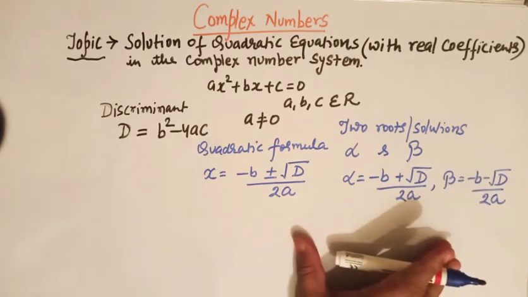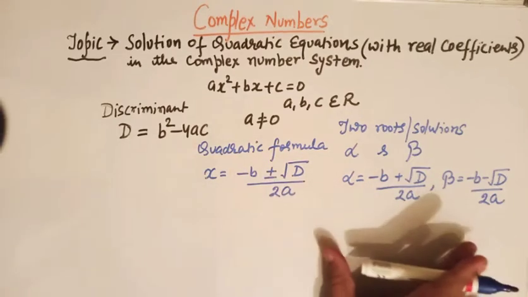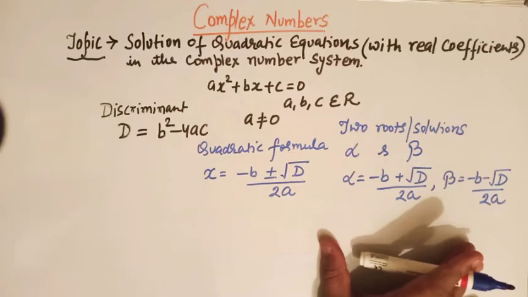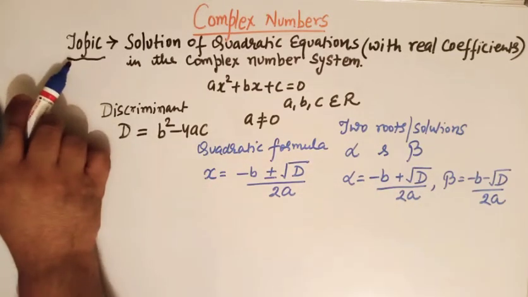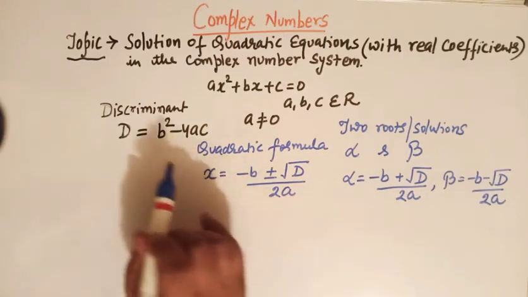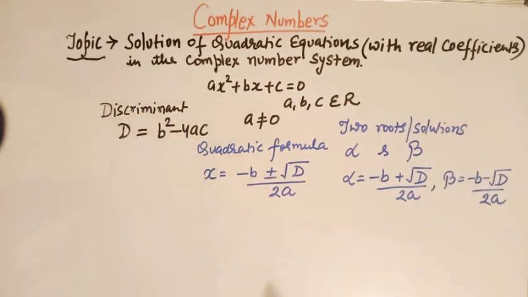So viewers, this is a brief introduction of quadratic equations which we already know. Now in this topic we have to solve a quadratic equation in the complex number system, right? So let us take an example of what is meant by solving a quadratic equation in the complex number system.